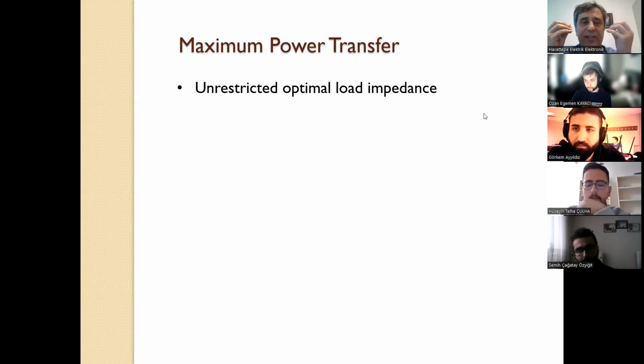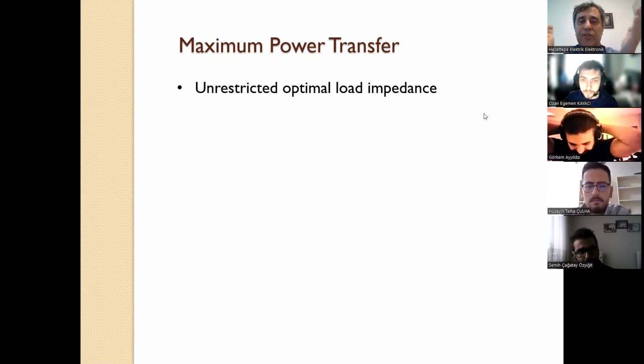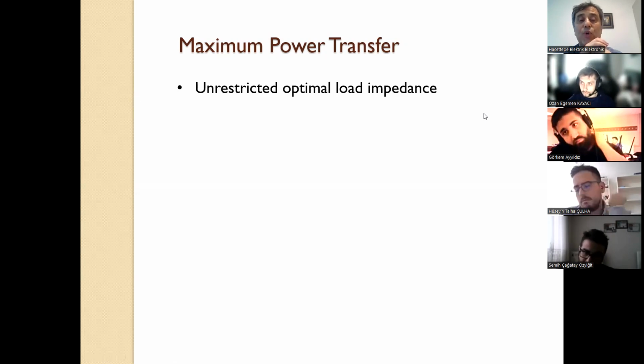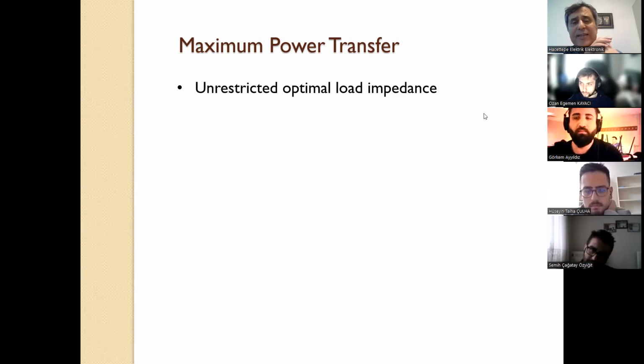If it is a simple resistive circuit, it should be equal to Thevenin resistance. Then they are going to be the same concept. We are going to find the Thevenin equivalent circuit again. However, this time we are interested in the Thevenin impedance. So we have two parameters to be optimized for the maximum power transfer.